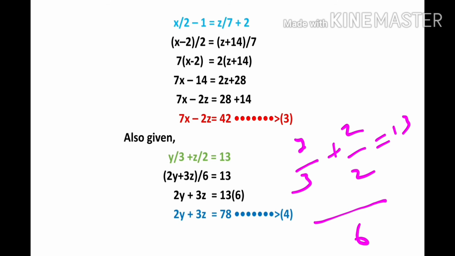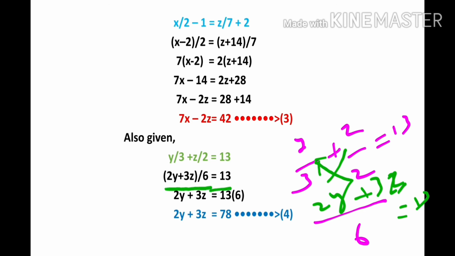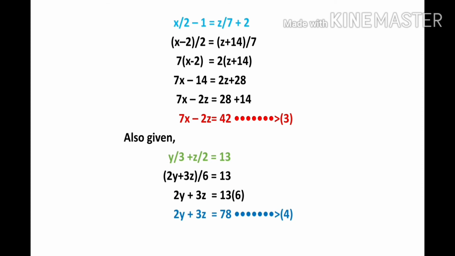Then cross multiplying this, what do you get? 2 into y, 2y, then 3 into z, plus 3z is equal to 13. So we get (2y plus 3z) by 6 is equal to 13.